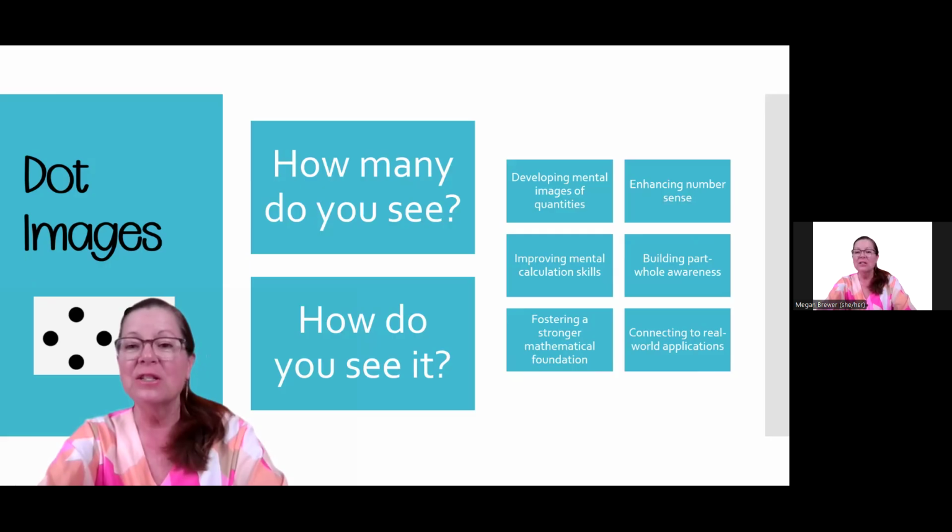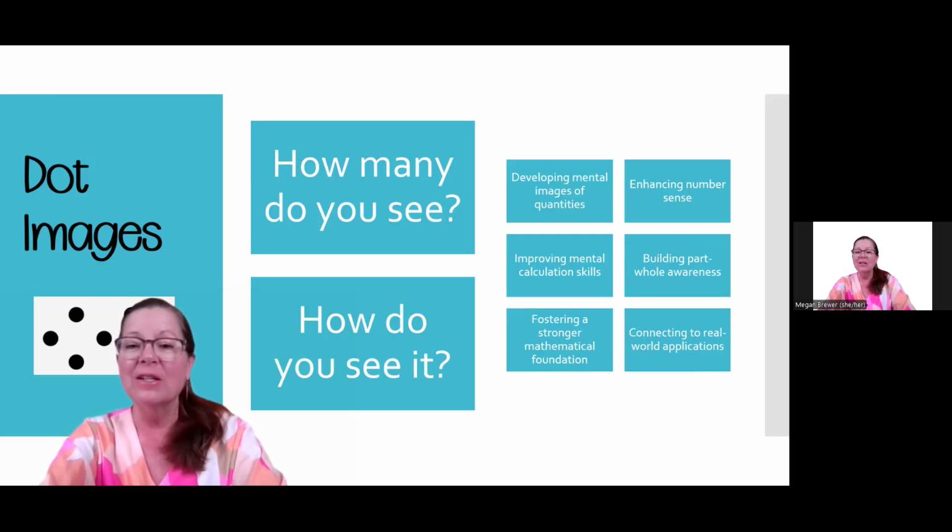Improving mental calculation skills. Quickly recognizing quantities in dot images allows students to perform mental calculations more efficiently and confidently. Subitizing helps students develop fluency in their basic operations, those basic facts, by allowing them to decompose and recompose numbers.